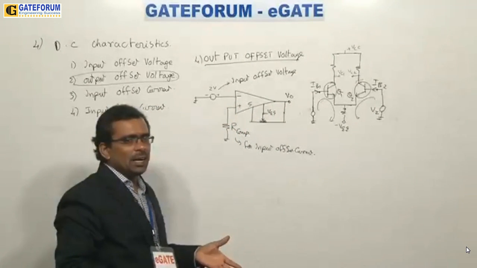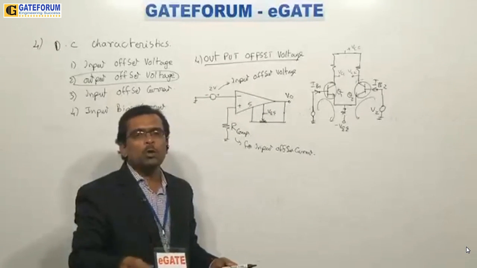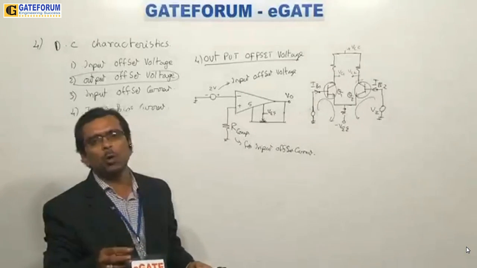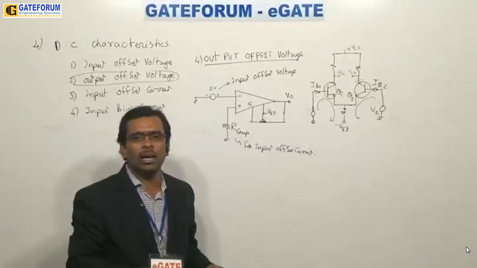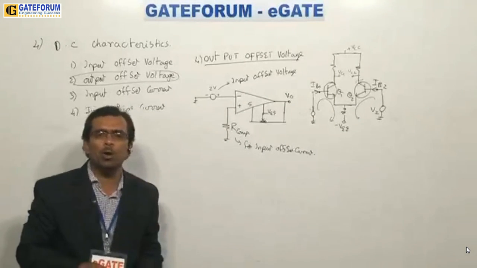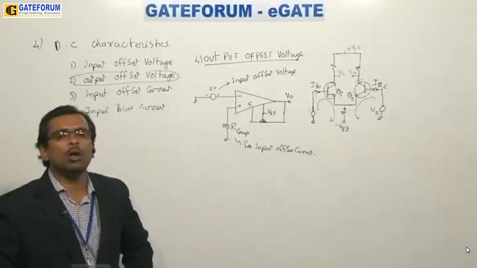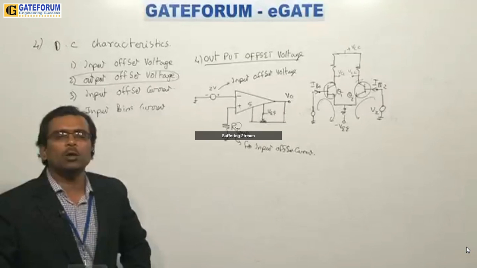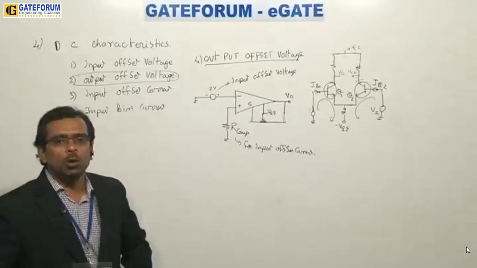So we define this output offset voltage as the voltage given at output to make the output voltage 0. We call it output offset voltage. You can take it like this: the voltage given at output to make the output voltage 0 is called output offset voltage.